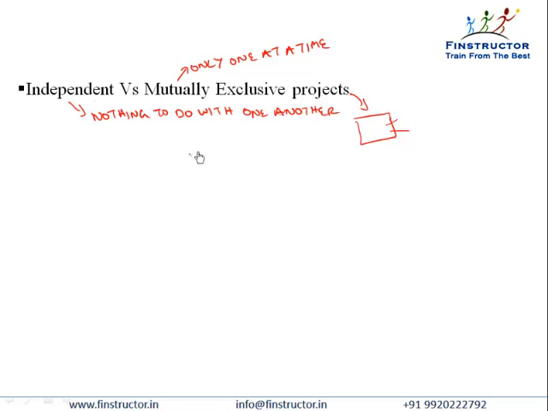A certain other related definitions that you should be aware of, that we are at times required to do project sequencing. That is, if one step is successful or if one project is successful, then many others or another can be taken up.